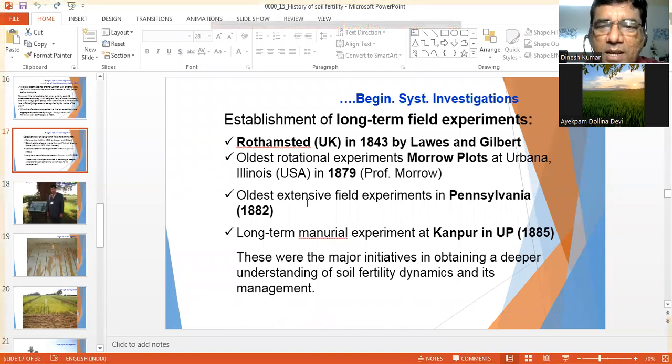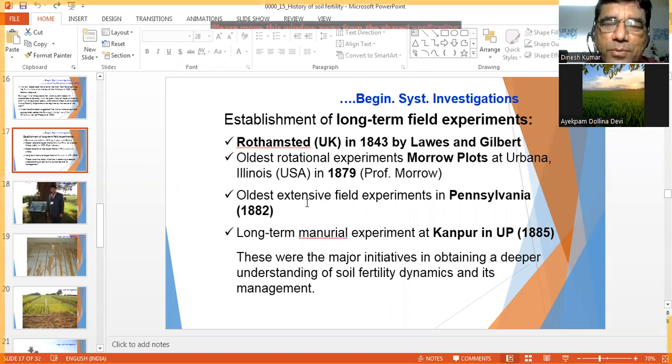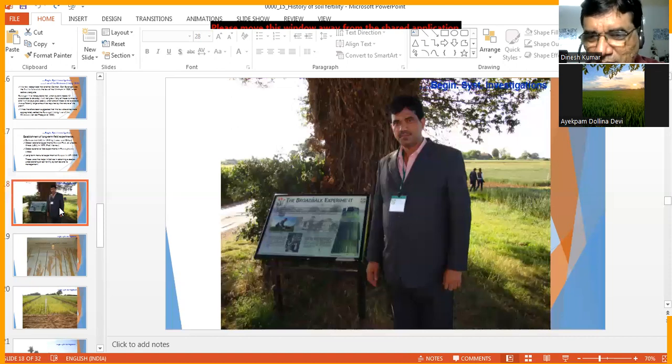You can see these are all initiatives of soil fertility maintenance or management of soil fertility. So all the history related to long-term field experiments is also history of soil fertility. I got a chance to visit this Broadbalk experiment.